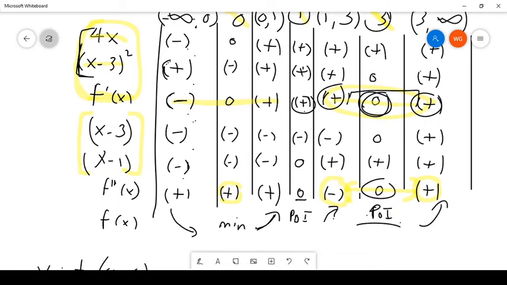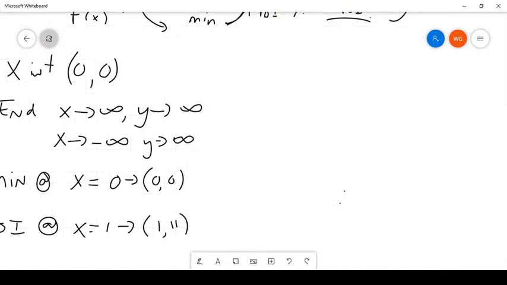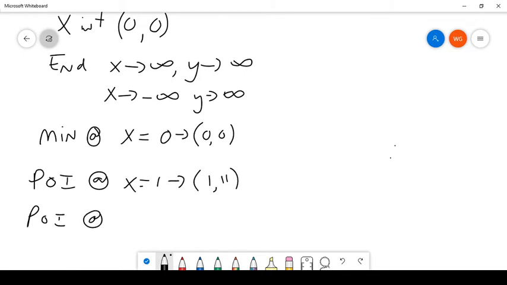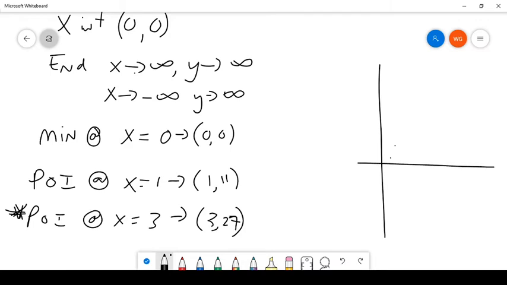So we want to put in that relevant point, because it is very important. We have a point of inflection at x equals 3, which has a 0 slope attached to it, and the actual ordered pair for that point is 3, 27.